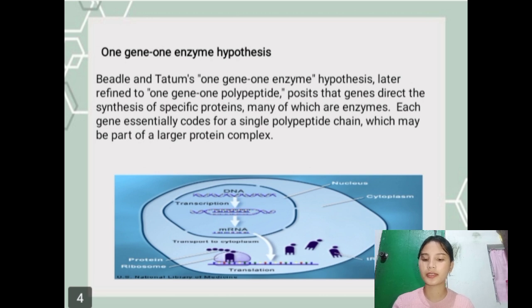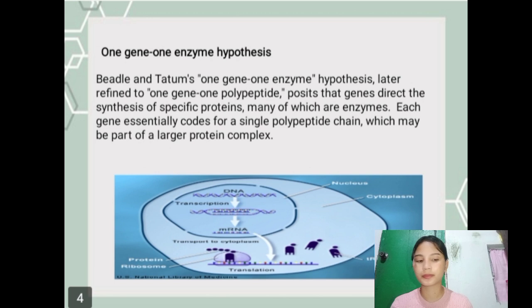This mRNA molecule then acts as a template for translation at the ribosome, where transfer RNA, or tRNA, molecules bring specific amino acids to the ribosome according to the mRNA sequence codons.